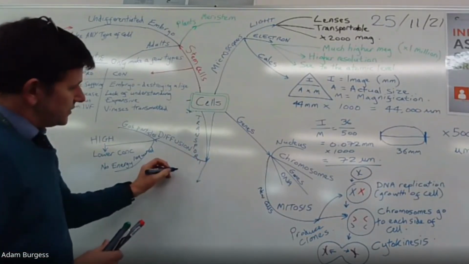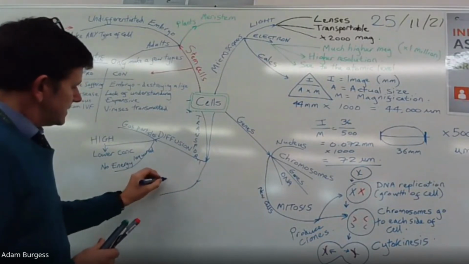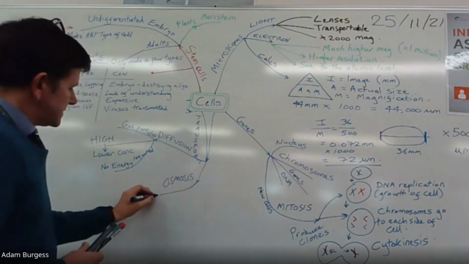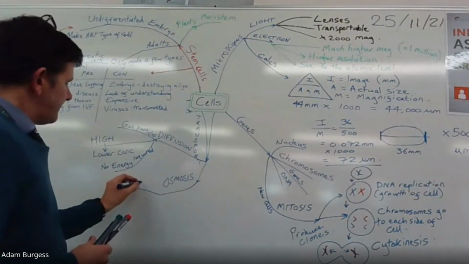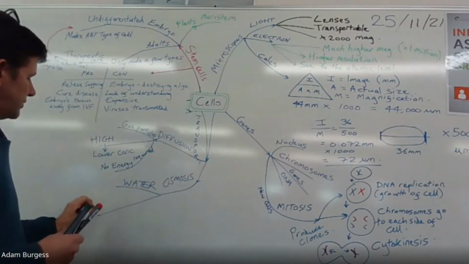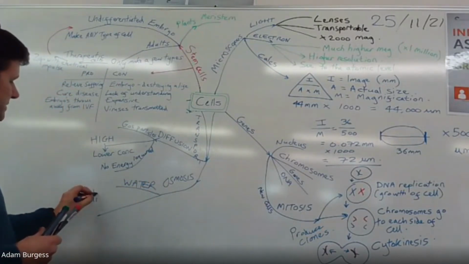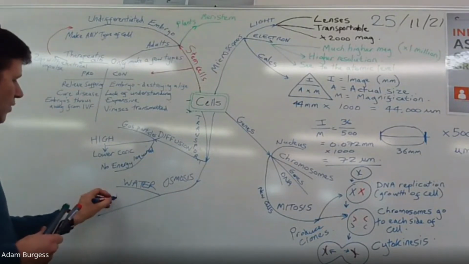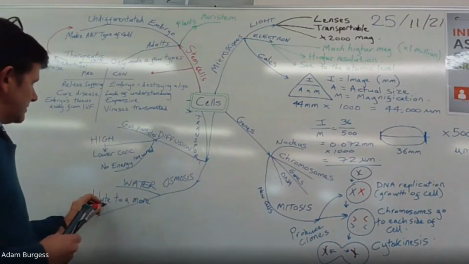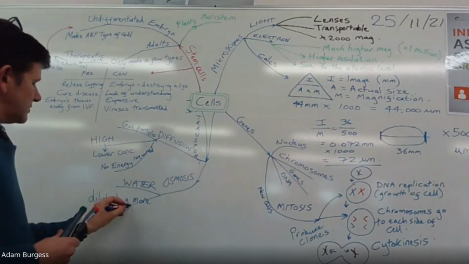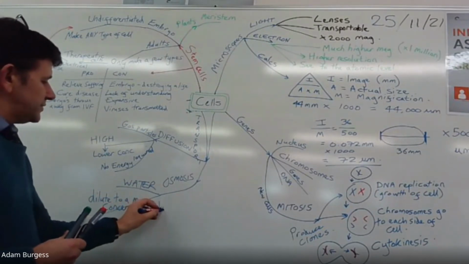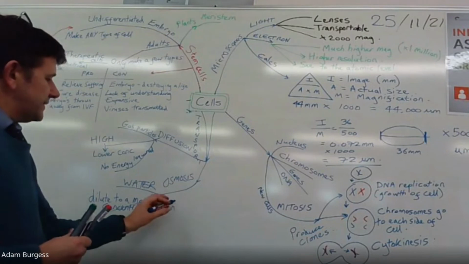Osmosis. Let's do osmosis here. So it's water. It's water that is transported. Okay. Water moves from a dilute to a more concentrated solution. There's a very good video on that on DrBiology, if you don't understand that.